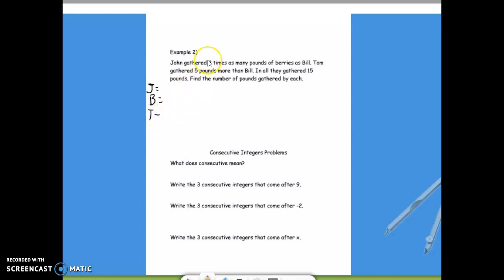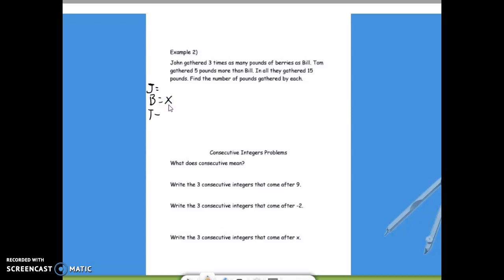Now, if you look at this problem, it says John gathered 3 times as many pounds of berries as Bill. And then Tom gathered 5 more than Bill. So when I look at this problem, the person that I don't know anything about is Bill. So I'm going to make Bill the unknown, right?